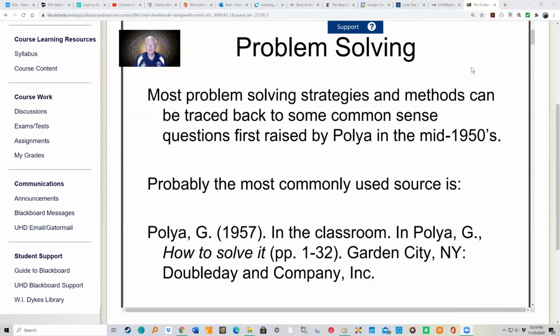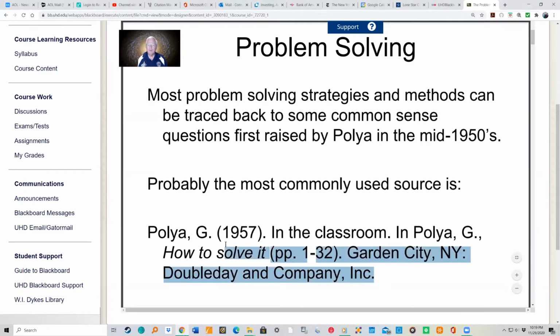And whether or not the leader of the in-service will tell you, the most commonly used source that they'll reference is Polya's How to Solve It. I've given you the citation here so you can take a look at it on your own if you choose. Half Price Bookstore on occasion will have these relatively cheaply, or you can go and Google it online.